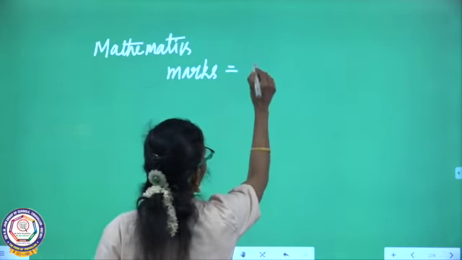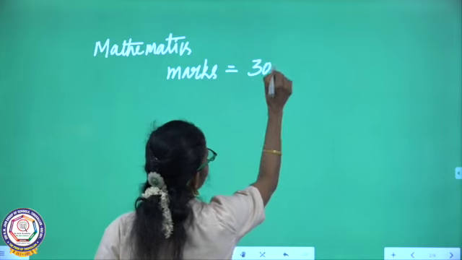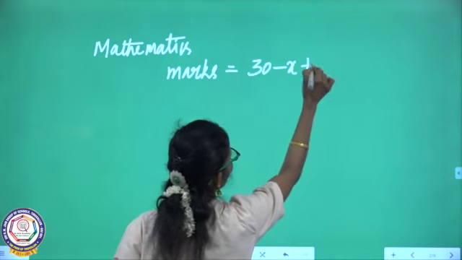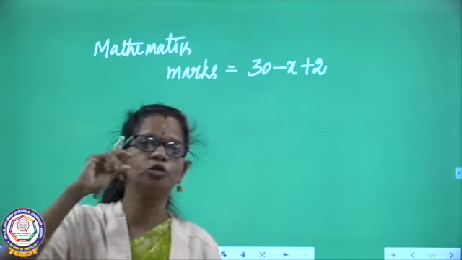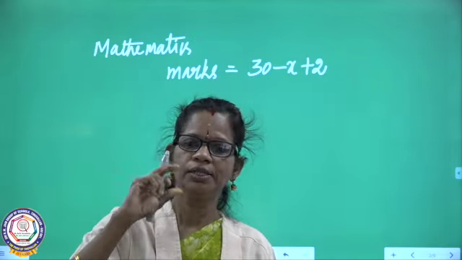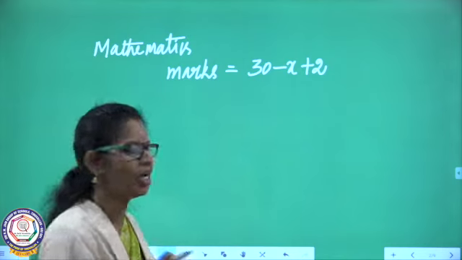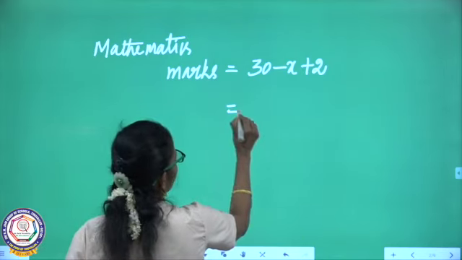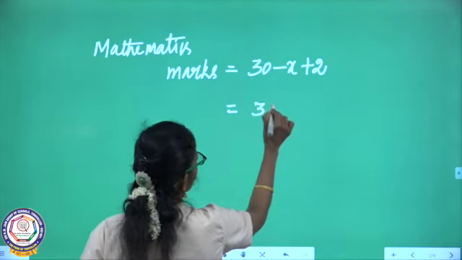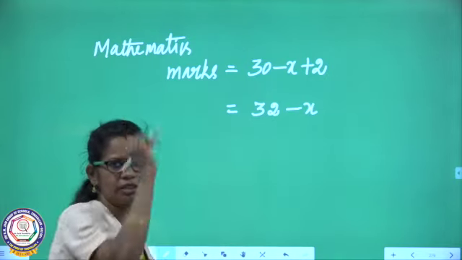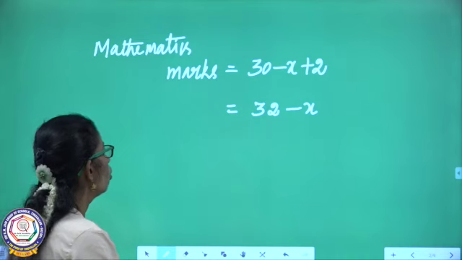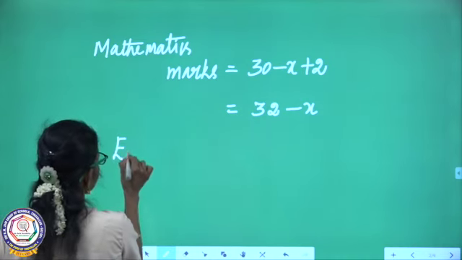So, how should it be? 30 minus x plus 2, since 2 marks more should be replaced by addition, right? Then what does it become? 32 minus x.